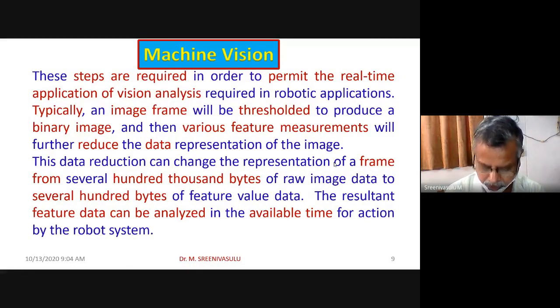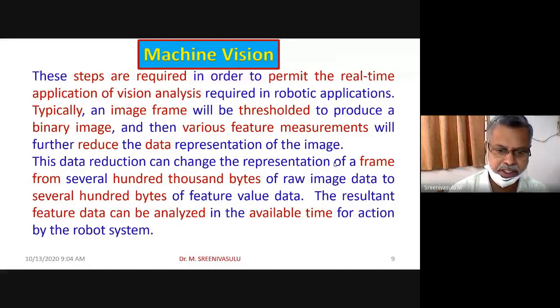That is how the total data that has to be manipulated is going to be reduced, so that the processing time is minimized. This data reduction is going to change the representation of a frame from several hundred thousands of bytes of raw image data. They have not quantified how many hundreds of thousands of bytes; it can be many hundreds, depending upon the image and resolution.